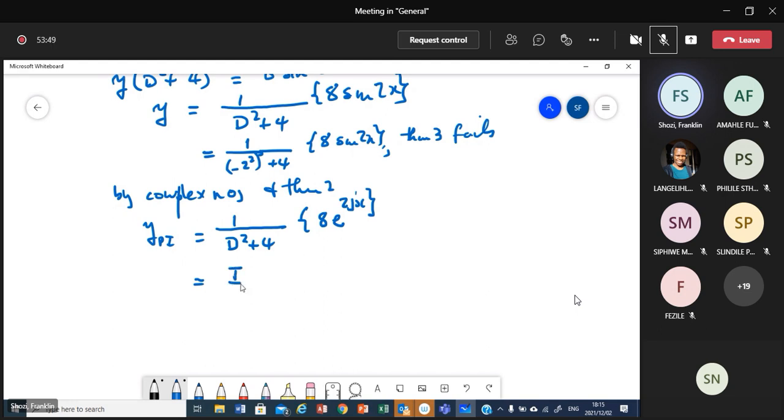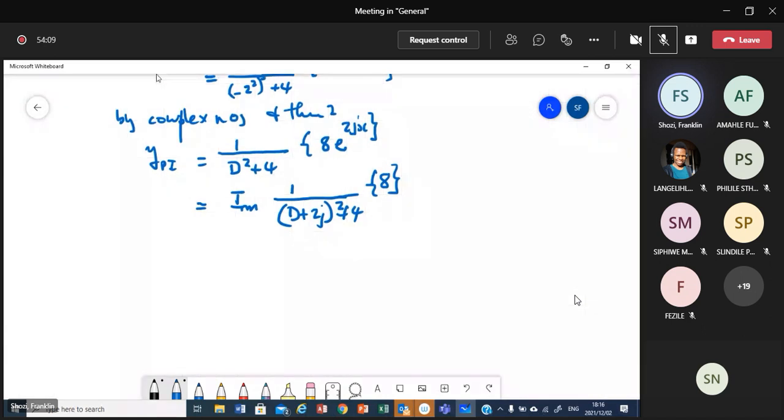So it's Im, now we are specific. Im 1 over, and then apply theorem 2. D is replaced by that. It's going to be d plus 2j all squared plus 4 acting on 8. Right, let's work it out. That is Im 1 all over d squared, the same story as before.